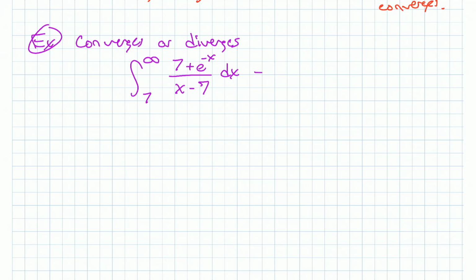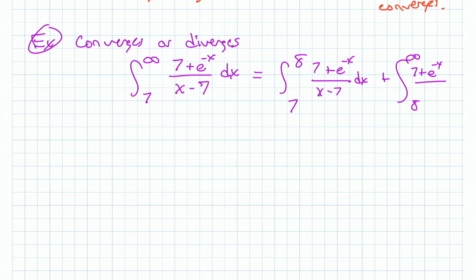So I'm actually going to split this up into two. I'm going to say the integral from 7 to, I don't know, 8 of (7 plus e to the negative x) over (x minus 7) dx. And then I'm going to do another one from 8 to infinity of (7 plus e to the negative x) over (x minus 7) dx.